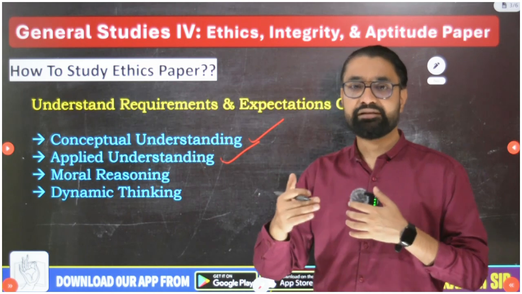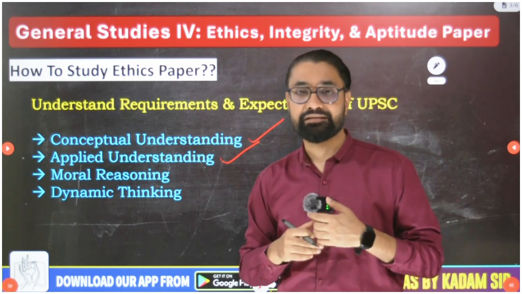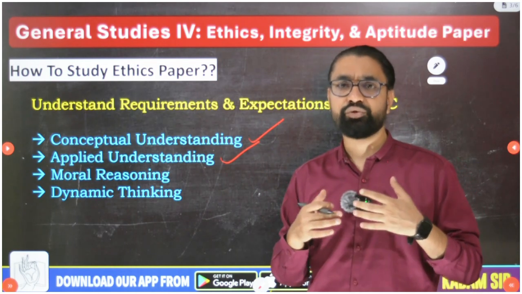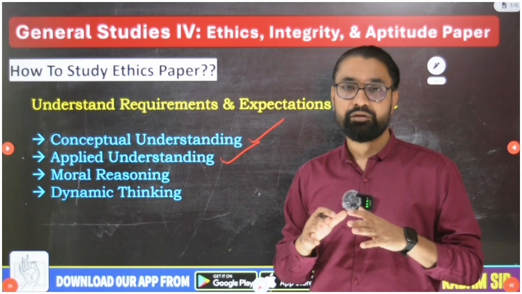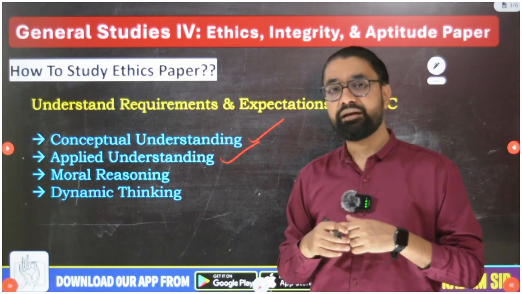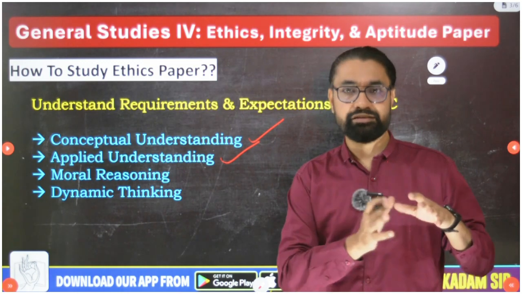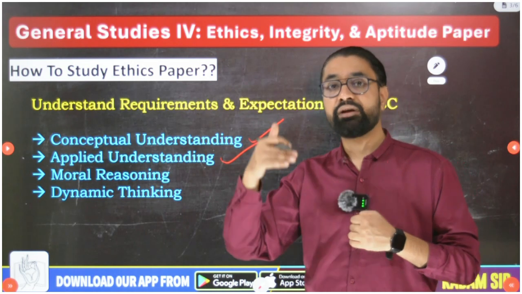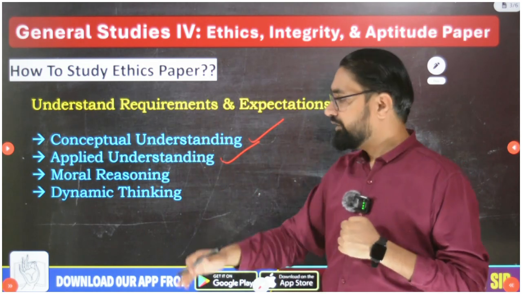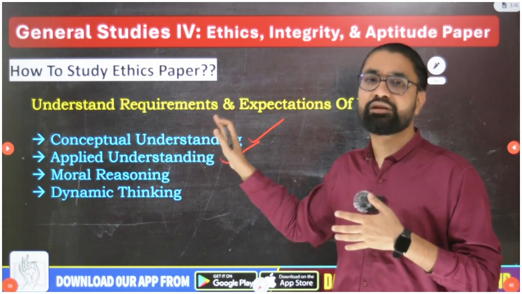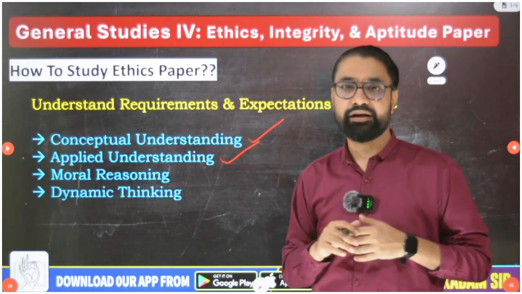Whenever I discuss theories in the app classes over the next 150 hours, I will try to give you maximum examples from day-to-day life, personal life, administration or governance. Whatever theory you are studying conceptually, I will also try to give you its applied understanding. So the first 2 requirements to deal with the ethics paper are good conceptual understanding and good applied understanding.